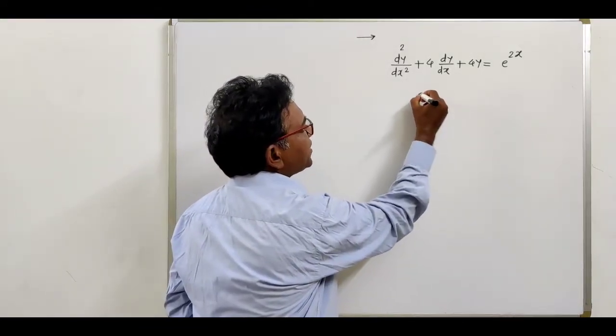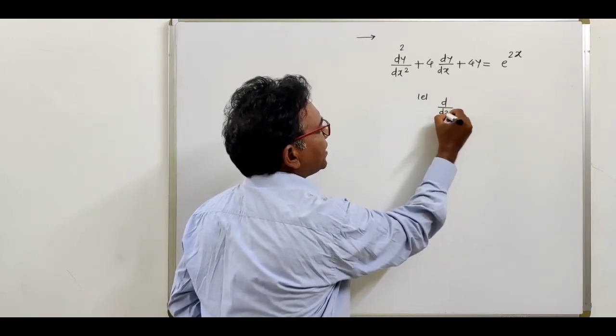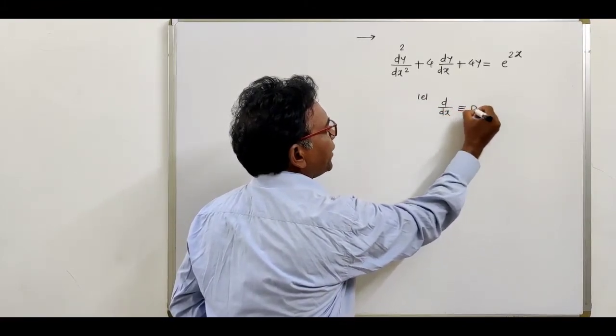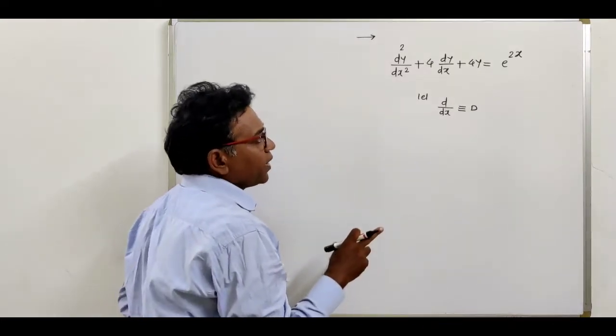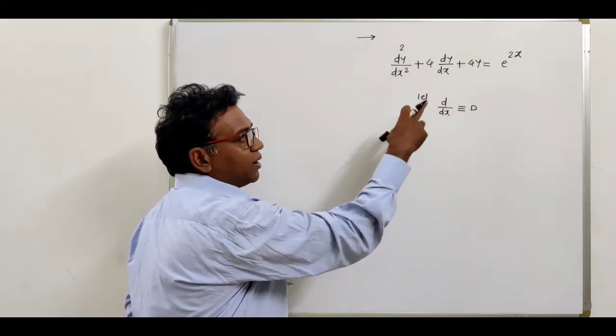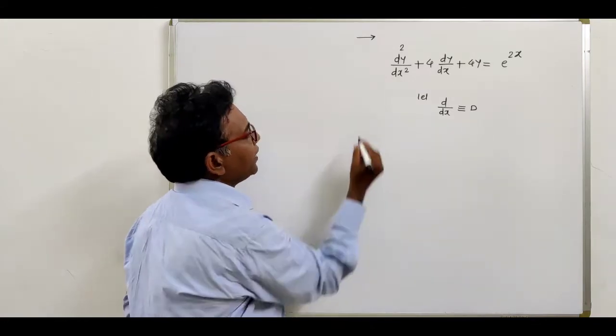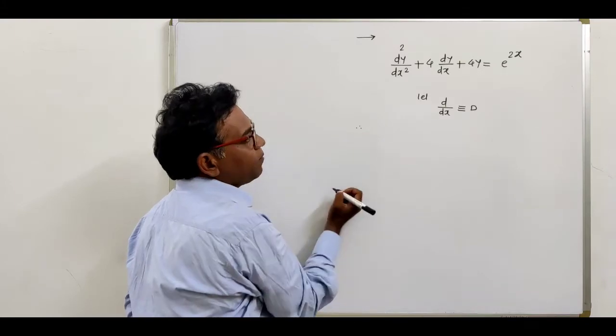Now see what is the first step. First of all, denote this d by dx by D. In this differential equation, we have to take this differential operator D. We denote this by d by dx. So what is this equation?